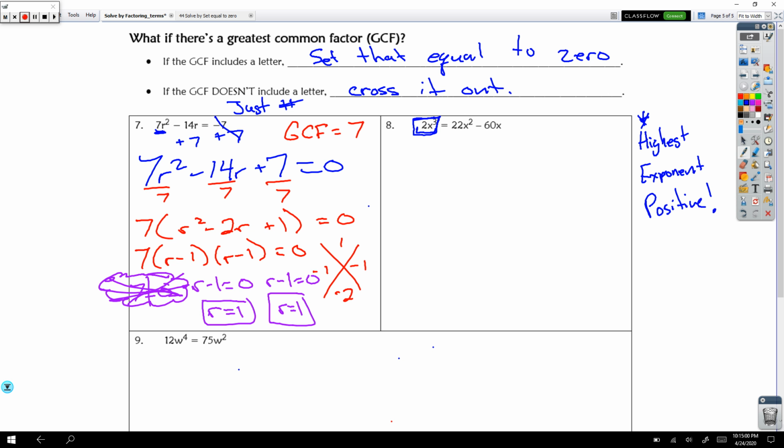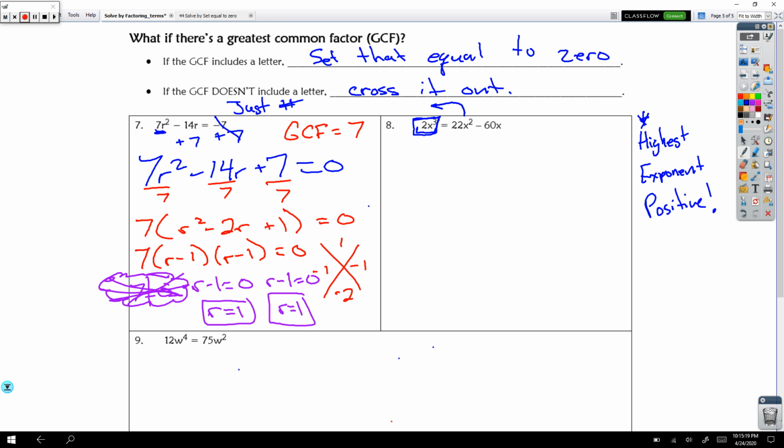Okay, not only do we want it to be the x squared when we're doing our normal quadratic problems, right? Anytime we have a problem we want to set it equal to 0, we just want the highest exponent to be positive. So you can apply this to any polynomial. In this case, we're looking at x to the third, so I want that to be the positive number.